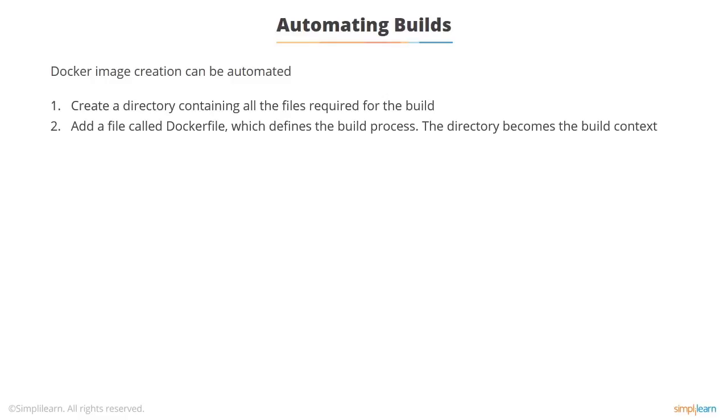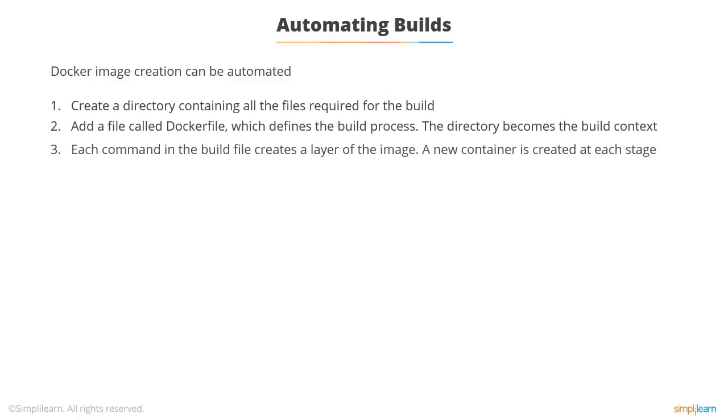And each command in the Dockerfile adds a new layer. When it's doing the build, it creates containers for each command in the Dockerfile. It creates a new container and effectively then moves that on to become the next layer of the image, and then you end up with the final image. So if your Dockerfile's got a lot of commands in it, you'll end up with a lot of layers.